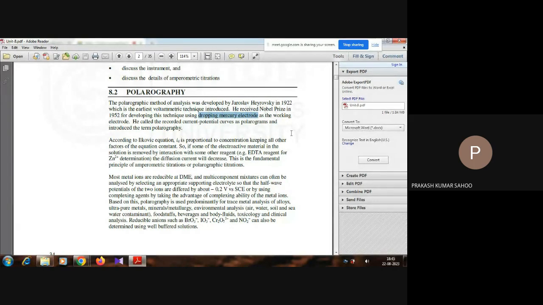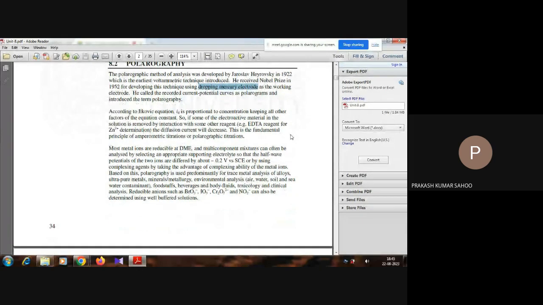Here the Ilkovic equation, the diffusion current equation, is used, and complexing agents like EDTA can be used for zinc determination by complexometric titration.